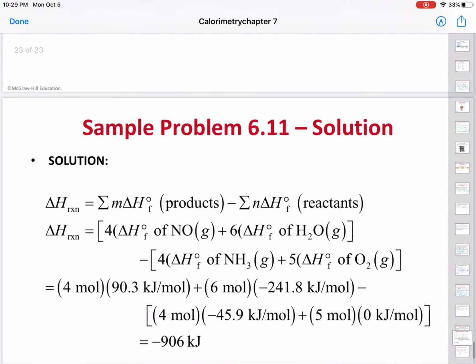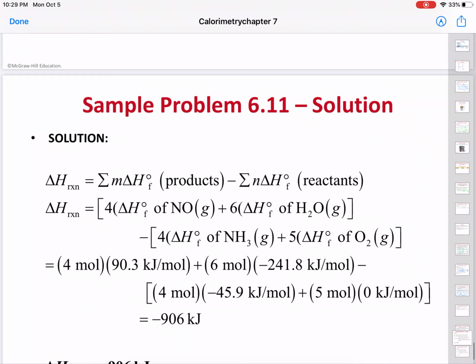Okay, so delta H reaction is the sum of all the delta H formation values for the products minus the sum of all the delta H values for the reactants. Our products are nitrogen monoxide and water.